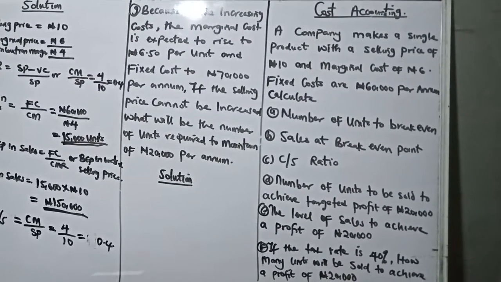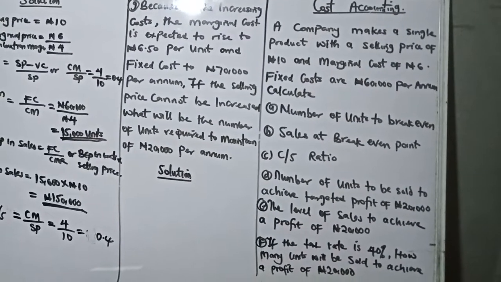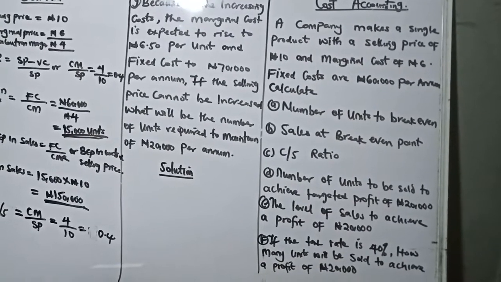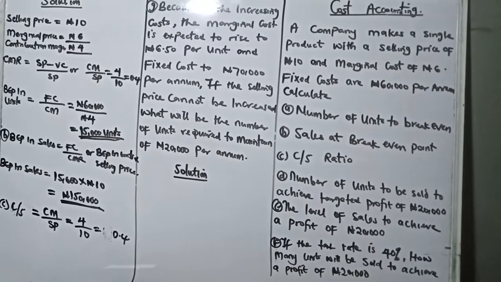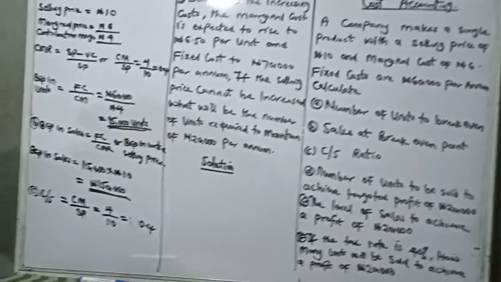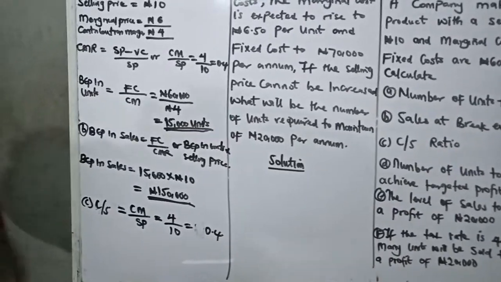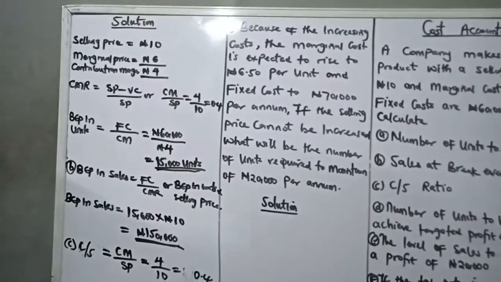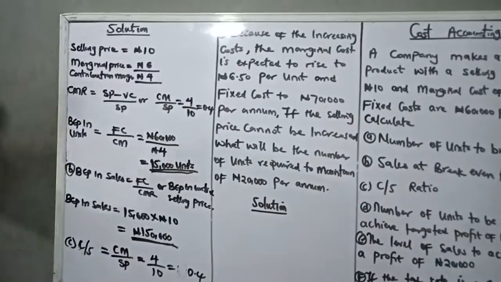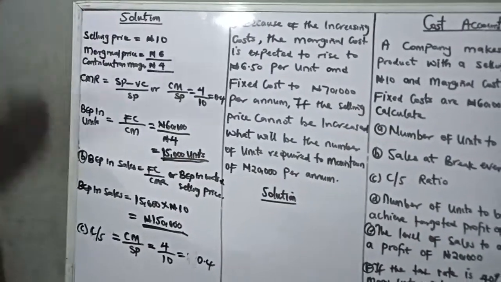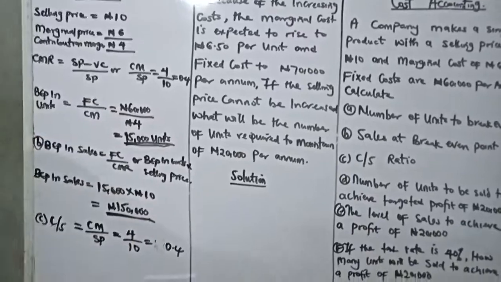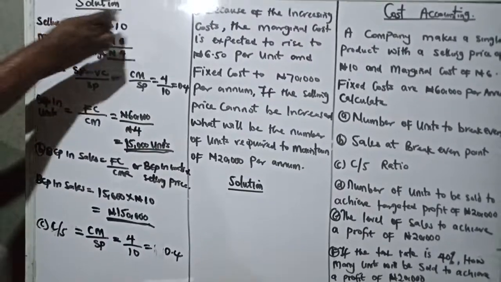Number D says the number of units to be sold to achieve a targeted profit of 20,000 naira. So this one is talking about targeted profit. So I will clean this part so that we're able to solve the D part and the E part.